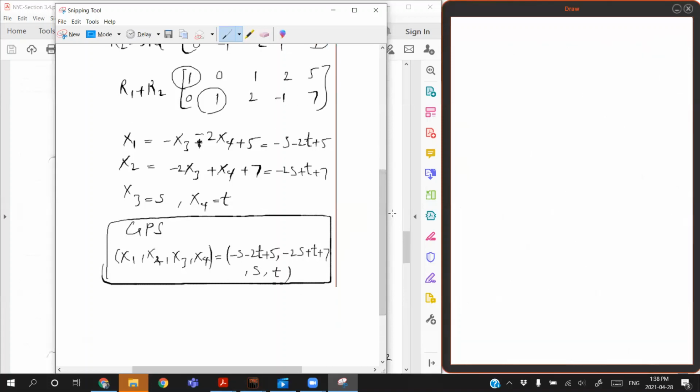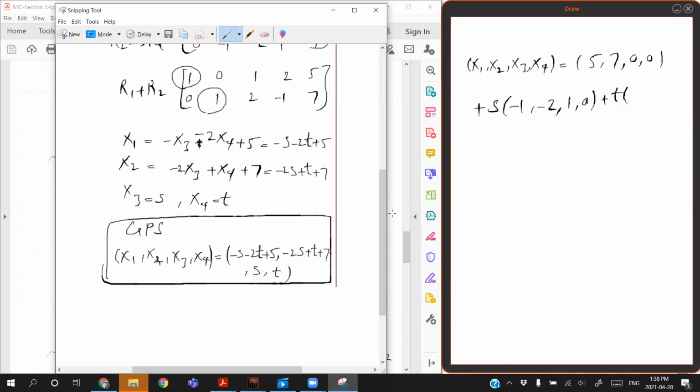So now I can write this as x1, x2, x3, x4 is equal to 5, 7, 0, 0 plus s times, I look at the coefficients of s, those are -1, -2, 1, 0, plus t times.